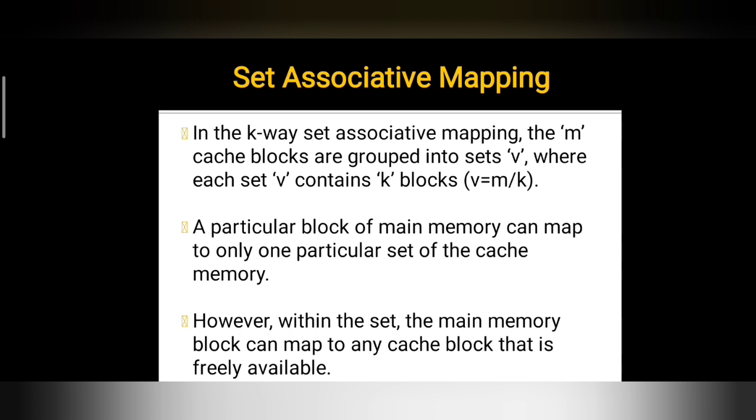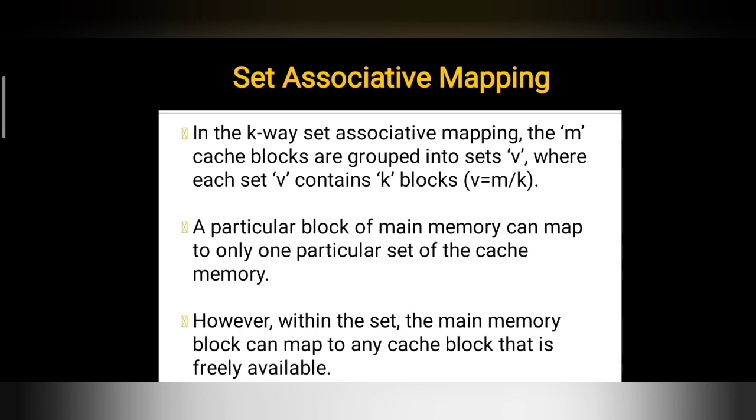Those m blocks are grouped into sets, whose number is denoted by V. Each set will contain k blocks, which means that to identify how many sets there are within a cache memory, I can simply calculate V equals m divided by k, where m is my total number of cache blocks and k is the total number of blocks within a set. Dividing these two figures gives me the total number of sets within the cache.